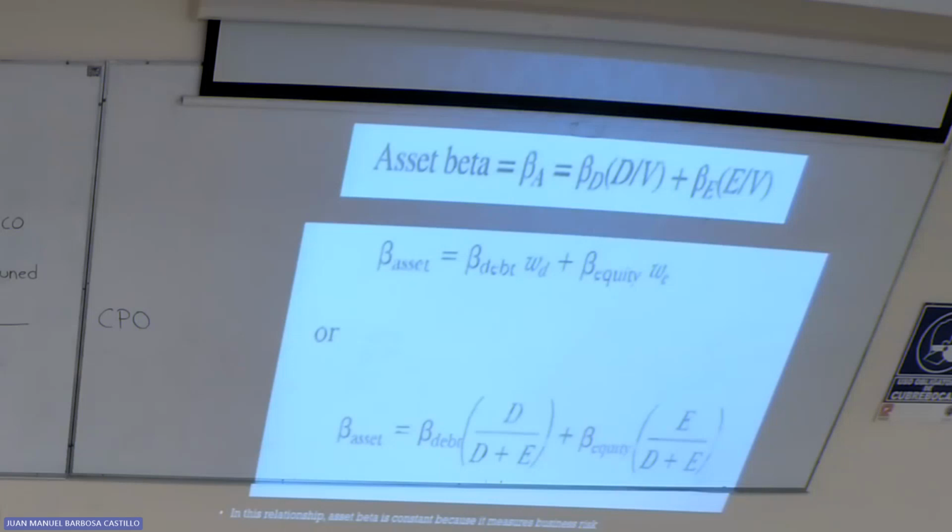All right. So asset beta is composed by debt beta and equity beta. The asset beta of a firm measures business risk.